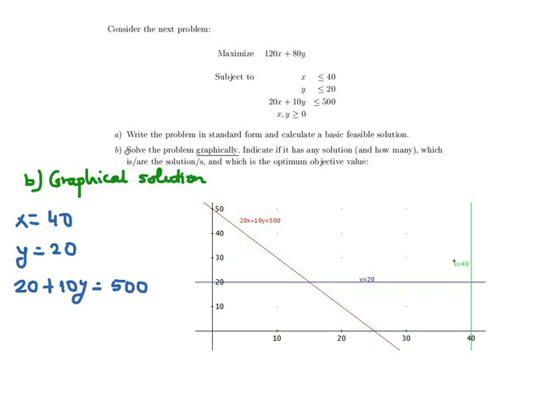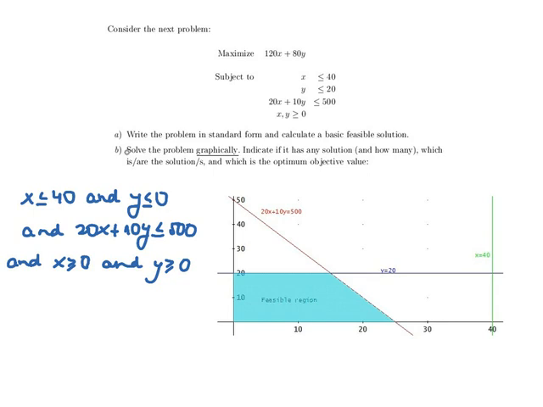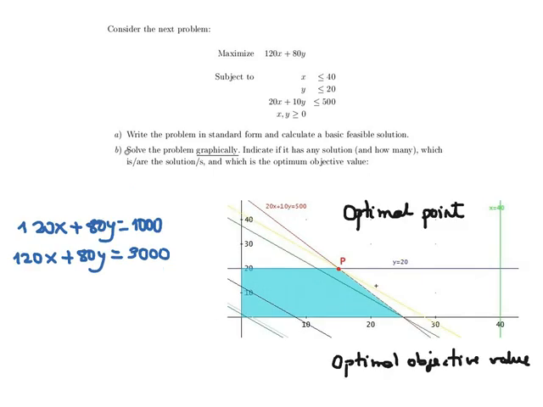As we have that x and y must be greater or equal than 0, we only draw the first quadrant of the R2 space. Then we draw the feasible region defined by all the constraints. Then we represent some straight lines of the levels of the objective function.